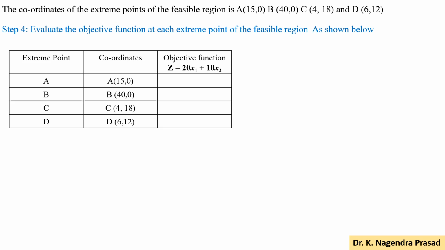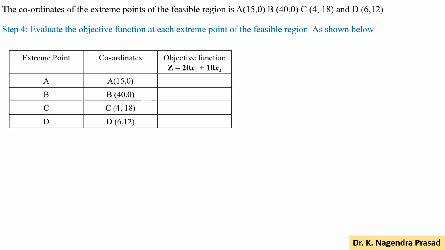Next we have to substitute these values in the objective function. So let's consider the first extreme point coordinates 15, 0, which means we substitute x1 equal to 15 and x2 equal to 0 in the objective function, z equal to 20x1 plus 10x2.